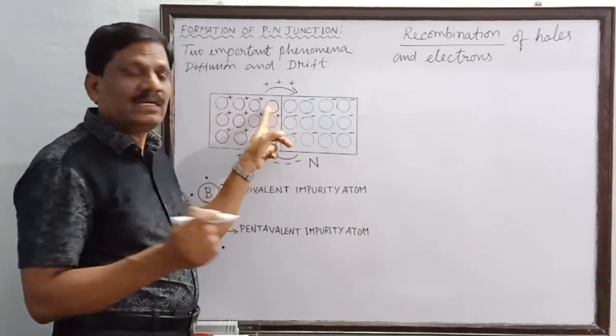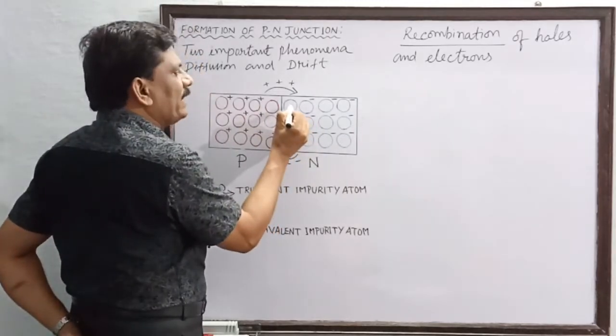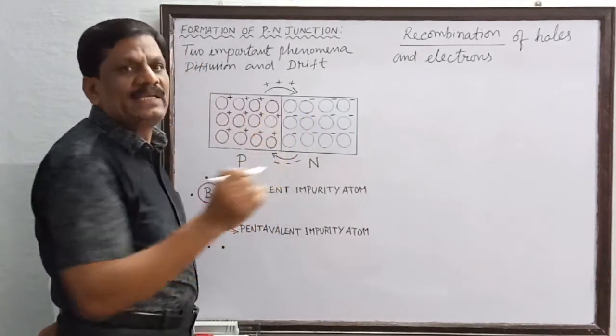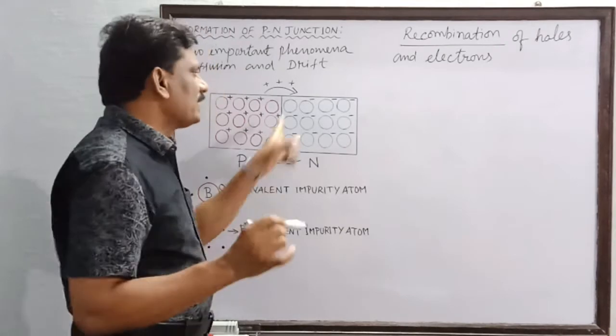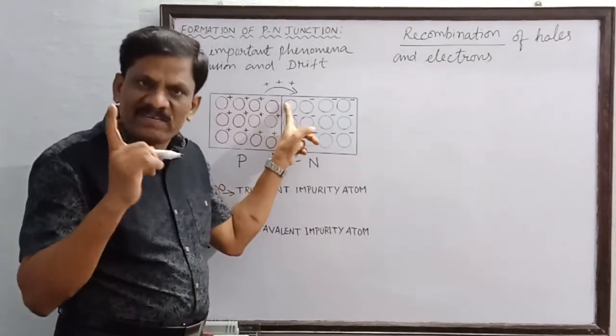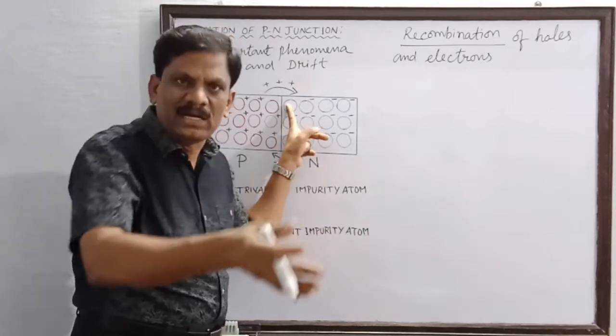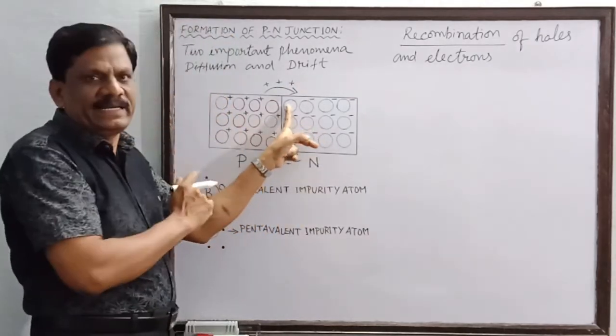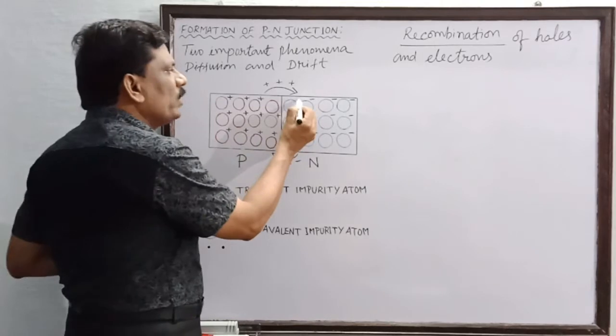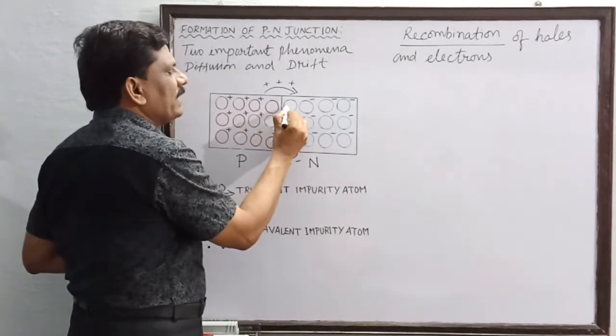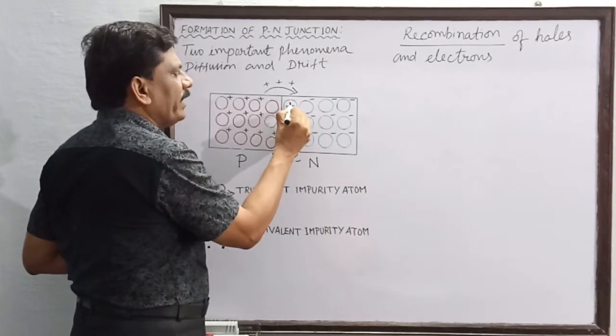That is why this atom which is donating the electron is a pentavalent impurity atom. It has 5 electrons. It is donating 1 electron to the atom on the other side. Understand? So it donates 1 electron. As a result, it becomes a positive ion.